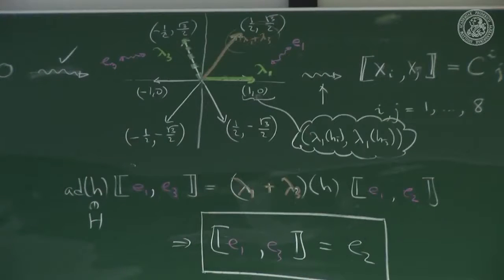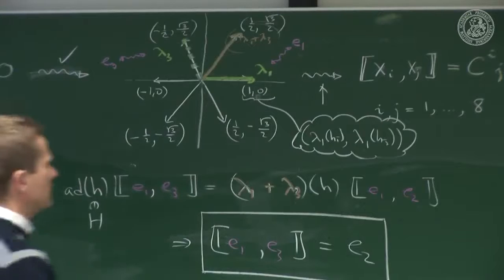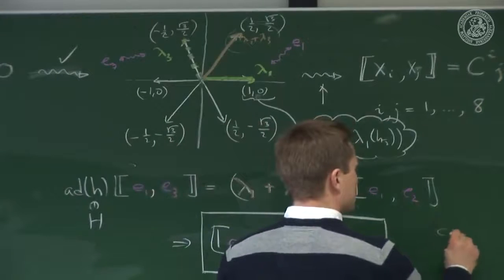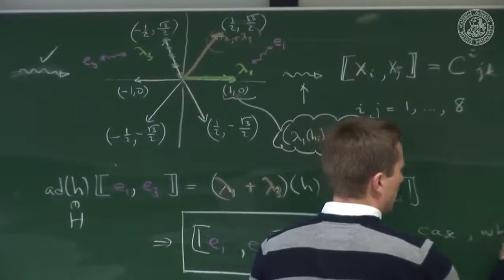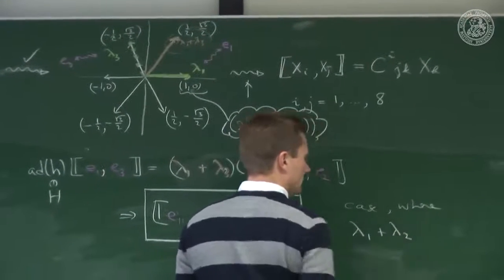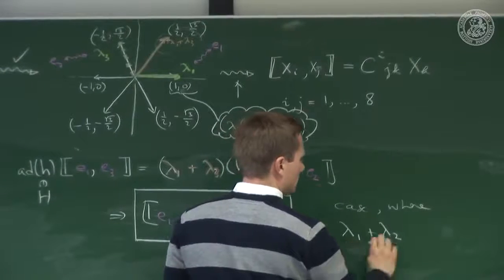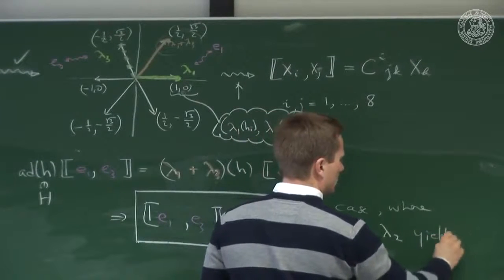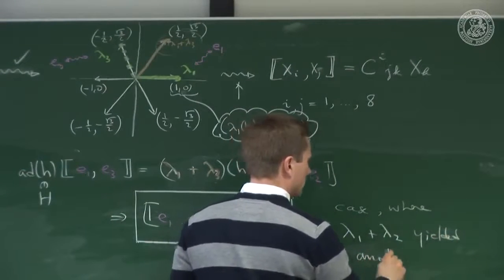Now there could be two other things happening. So this is the case where lambda 1 plus lambda 2 yielded another root.